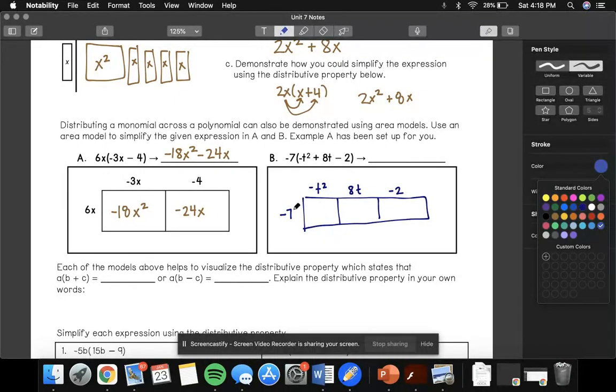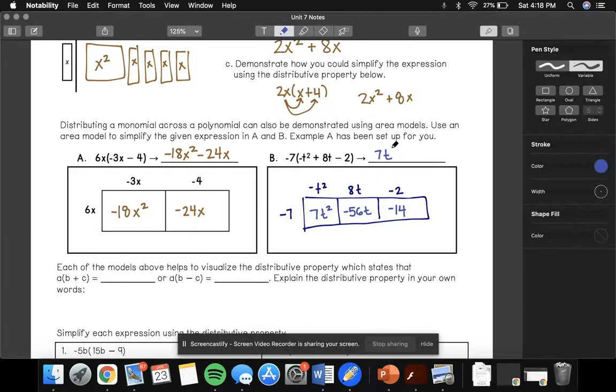Negative 7 times negative t squared would create a positive 7t squared. Negative 7 times 8t is negative 56t. Negative 7 times negative 2 would create negative 14. All of these are different terms, so simplified, this is just 7t squared minus 56t minus 14.